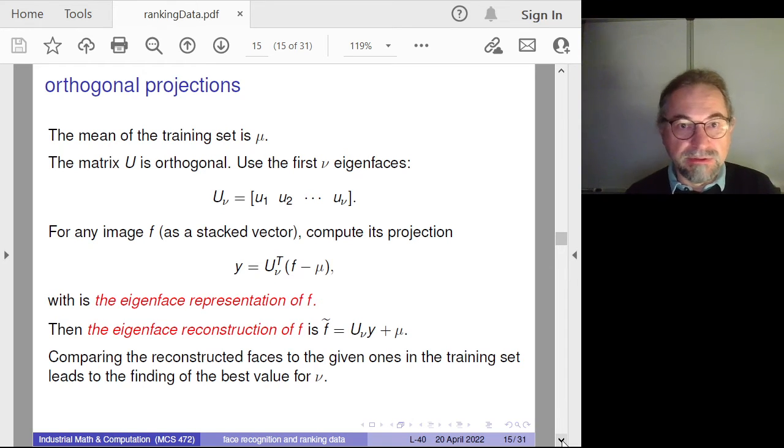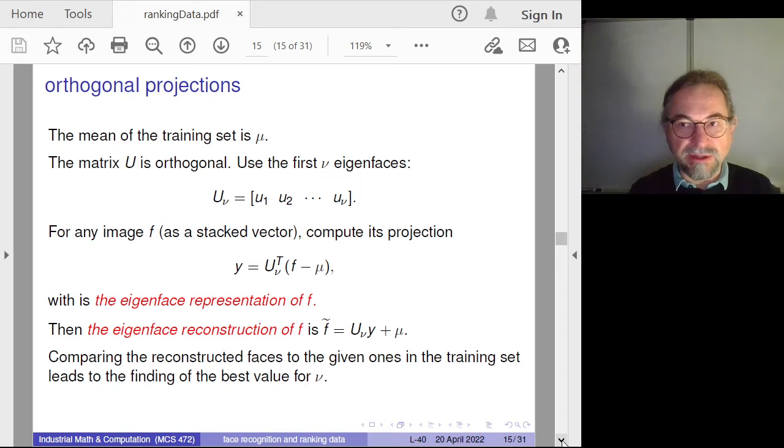We can then take the first nu columns of the orthogonal matrix U, and that defines a projection operator. So here we go again to essentially the orthogonal projection. This has been applied over and over again in this course. We have an orthogonal space and we project any image onto that space after subtracting the mean of the training set. And then we can reconstruct, we can do the inverse.